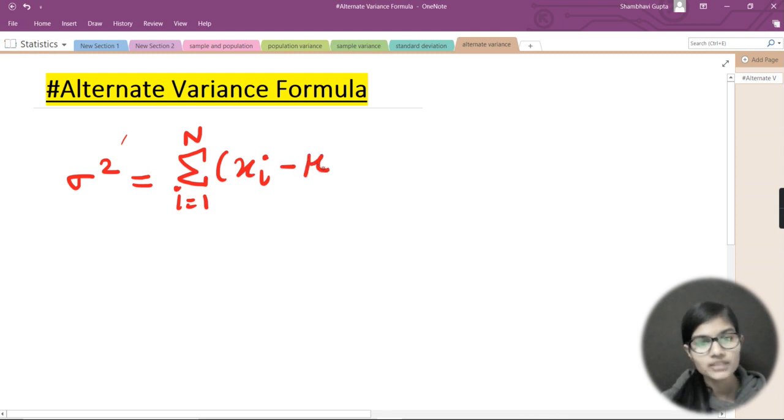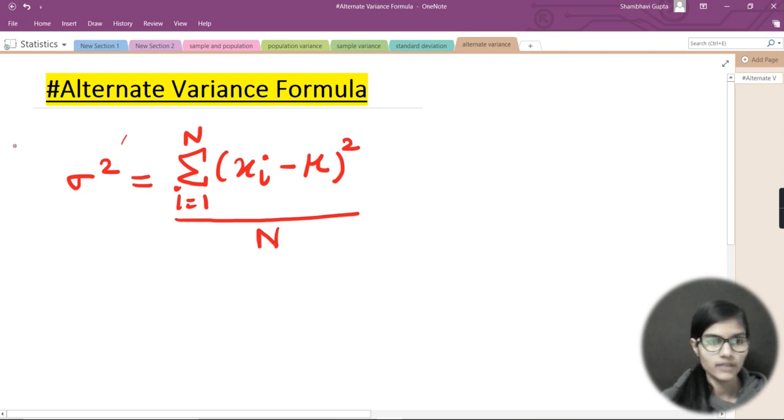Now what's the mu? This mu is the population mean, okay? We are going to see the formula for that also, but you need to wait for some minutes. And I'm going to write xi minus mu whole square, whole divided by capital N. And this capital N was the total population, right? So this was the full formula for the population variance.